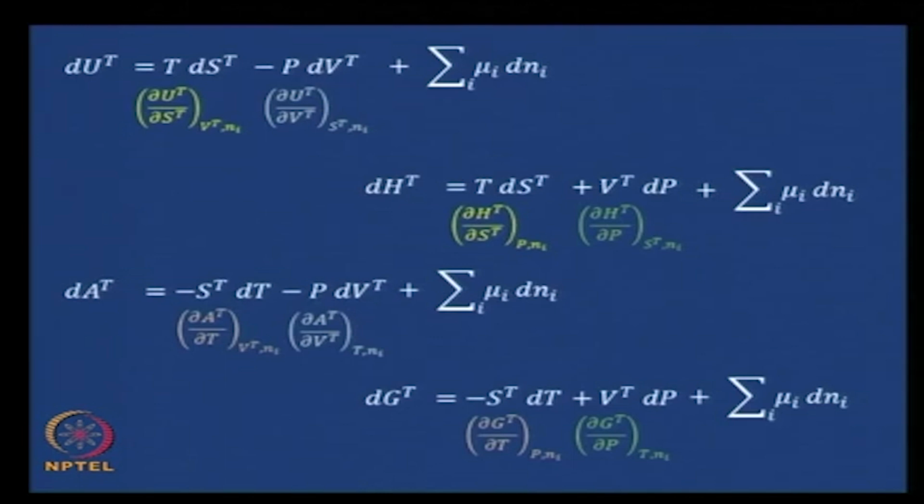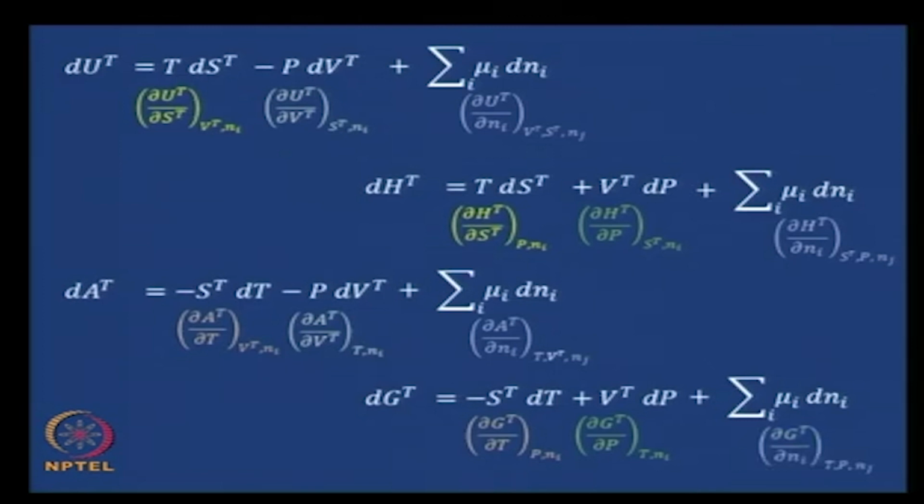And as we have already seen, the chemical potentials can be written in terms of either the partials of Ut with ni at constant St, Vt and all other nj's. Here in terms of enthalpy, you could write mu i as dou Ht by dou ni at constant St, P and all other nj's, dou At by dou ni at constant T, Vt and all other nj's, and dou Gt by dou ni at constant T, P and all other nj's.